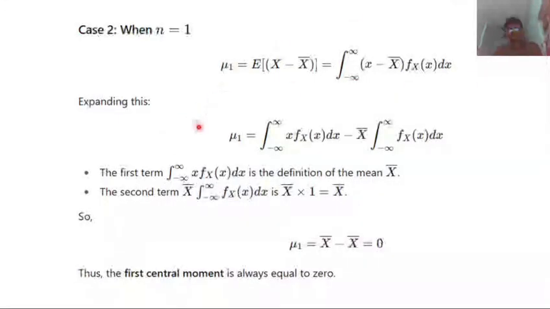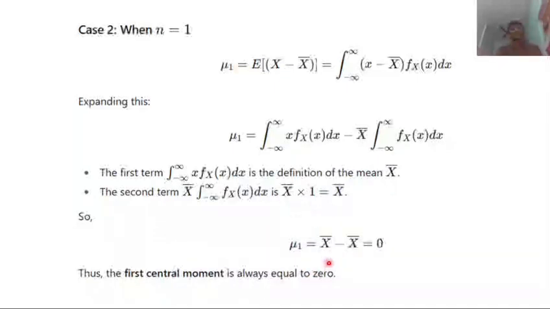On expanding this, we get mu1 equal to integral from minus infinity to infinity of x fX of x dx minus x bar into integral from minus infinity to infinity of fX of x dx. The first integral is the mean value x bar, and in the second term the integral is the area under the PDF, so this value gives 1.